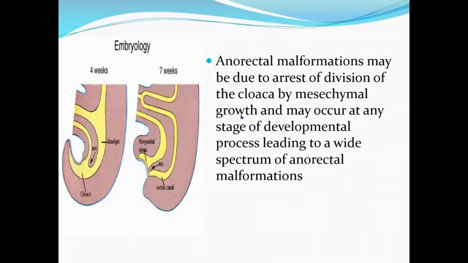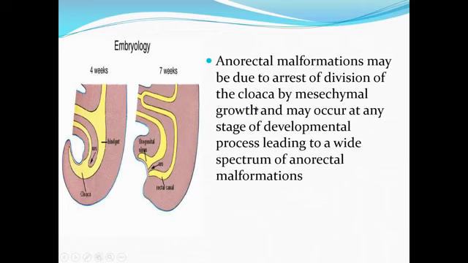Embryologically, anorectal malformation may be due to arrest of division of the cloaca by mesenchymal growth, and may occur at any stage of the developmental process, leading to a wide variety of anorectal malformations.